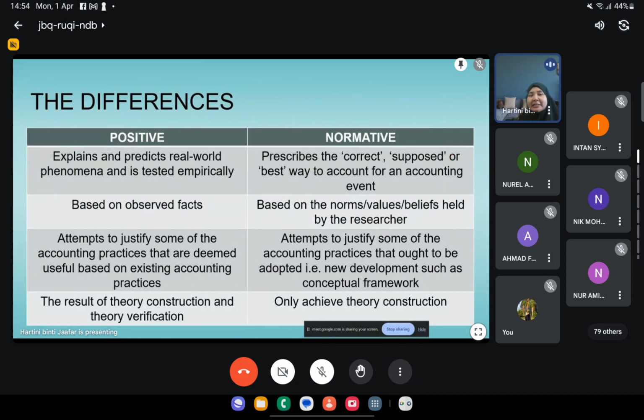So they consider themselves at that particular time as scientists or social scientists. Because they want to explain the accounting practice that has been used at that particular time, and then based on the practice they want to predict what is going to happen in the future if we were to use the same practice or if we were to introduce a different practice. So with that we have theory construction and theory verification. How do we verify? We verify with facts. We verify by testing the facts or the data empirically.